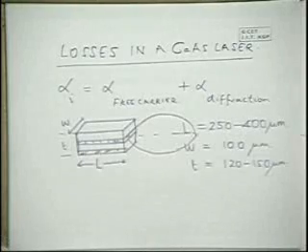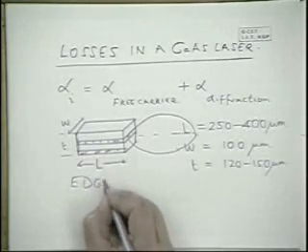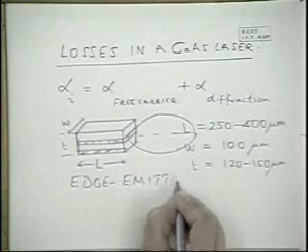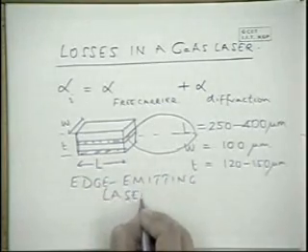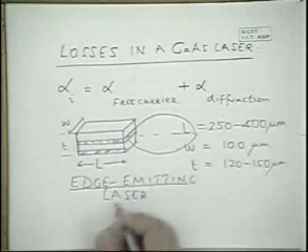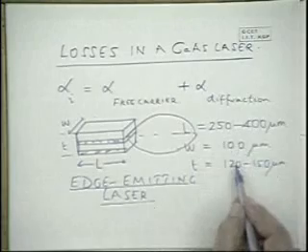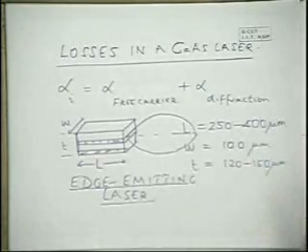This is a typical edge emitting laser. Notice that the dimensions are nothing near as small as integrated circuits. We're talking about hundreds of microns. Integrated circuit technology has gone to 1 micron.